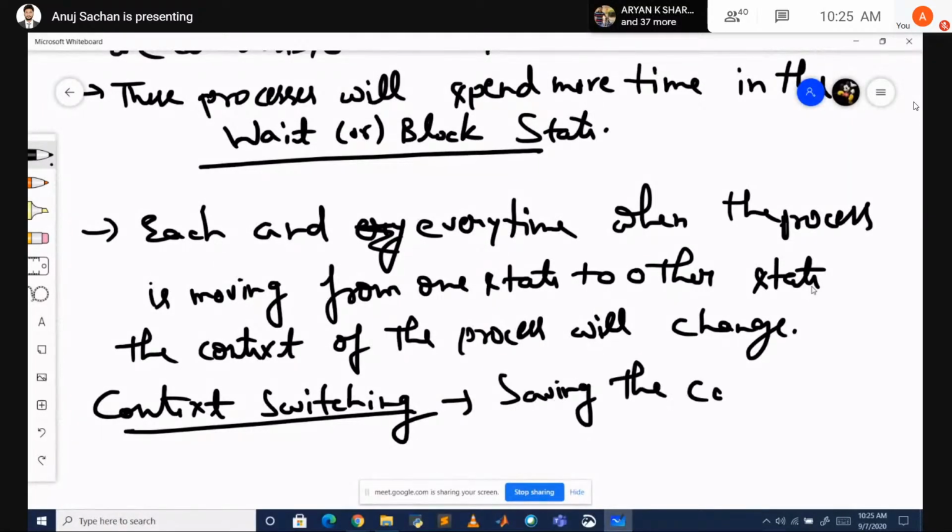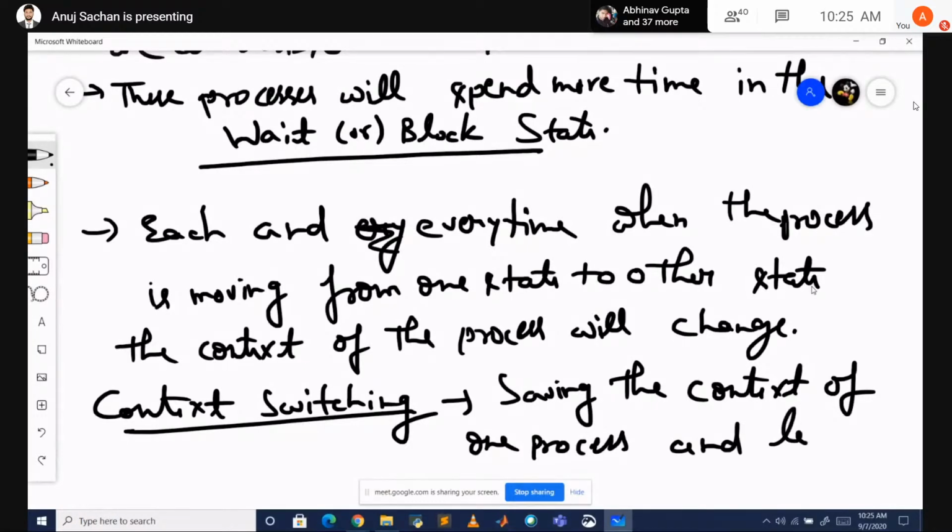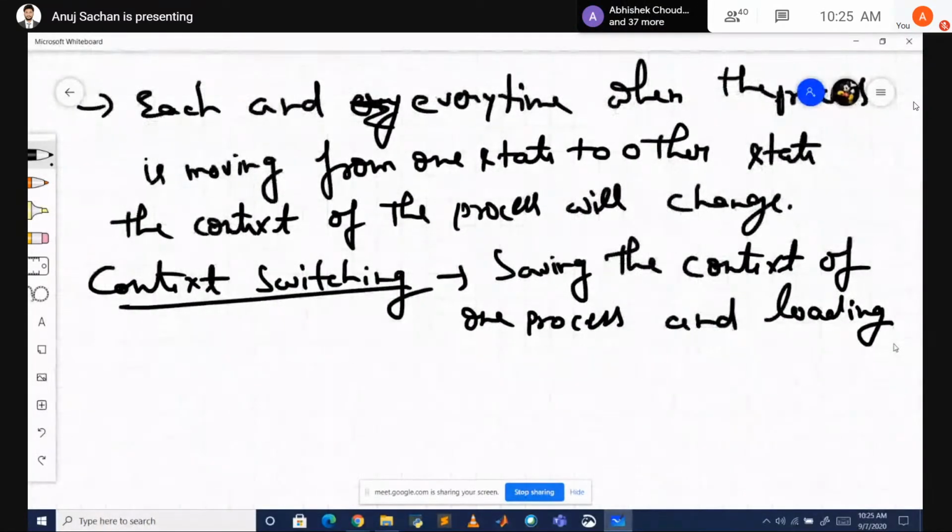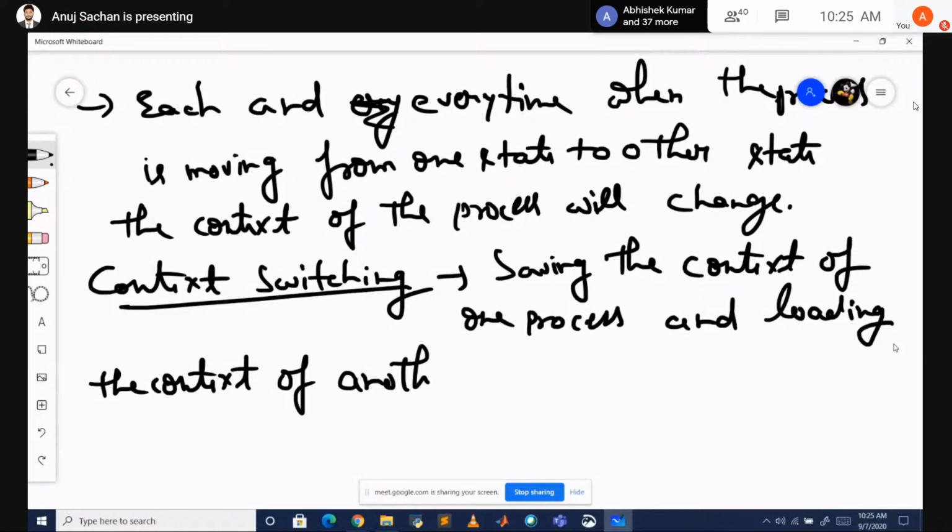Saving the context of one process and loading the context of another process is called as context switching.